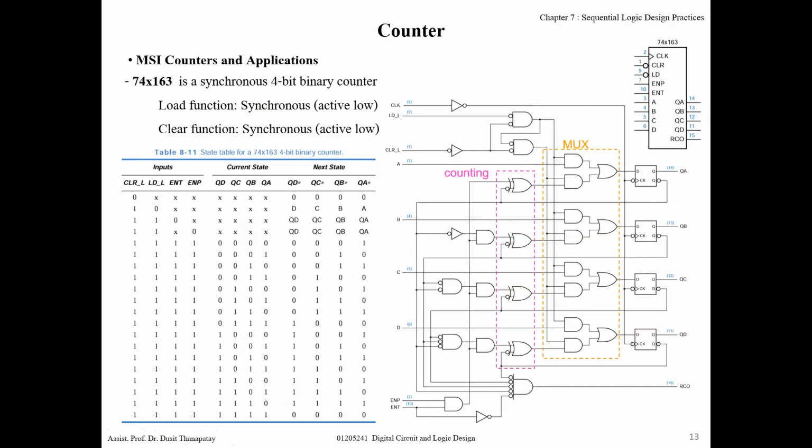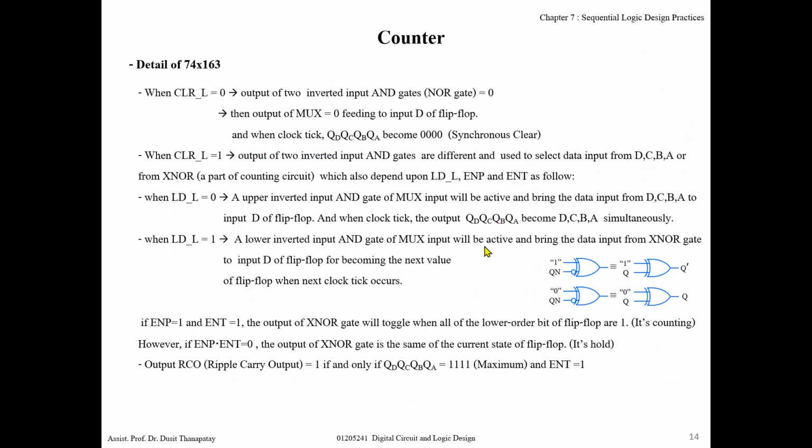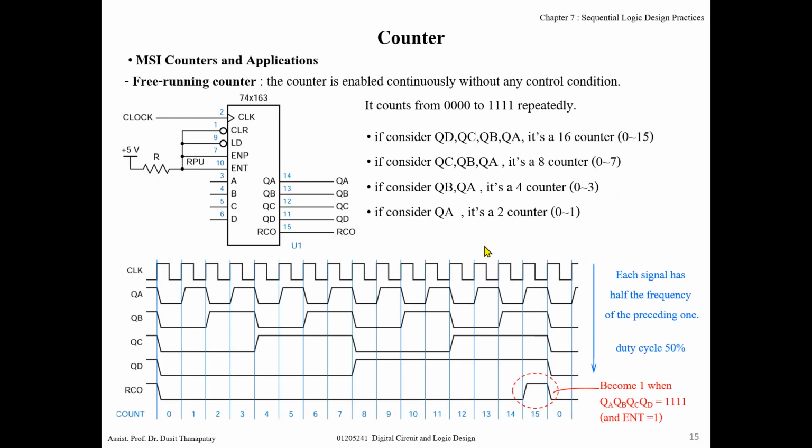Now let's see how to apply this 163 counter, the binary counter. The simple one is the free running counter. You just connect the clock directly to the clock signal, low high, low high, low high, and clear. You don't want clear, you don't want load, right?